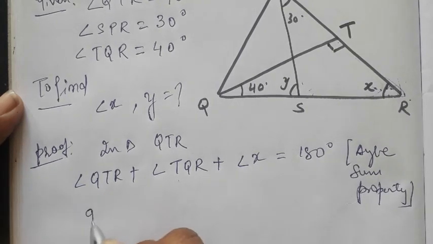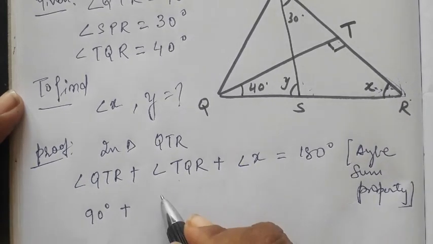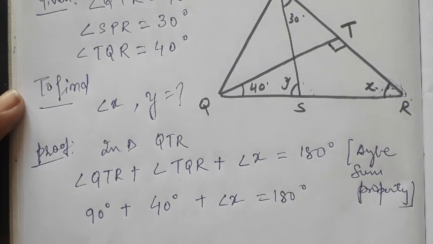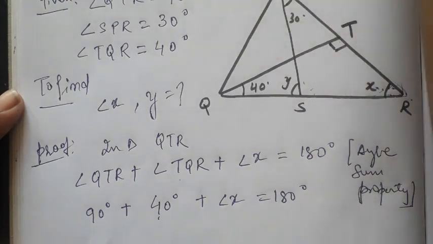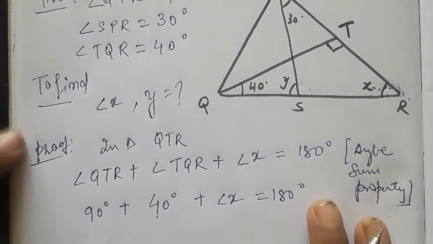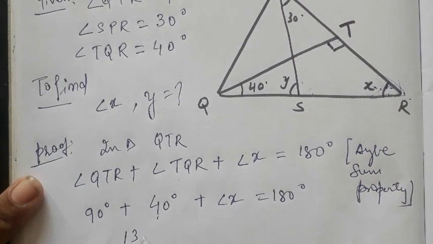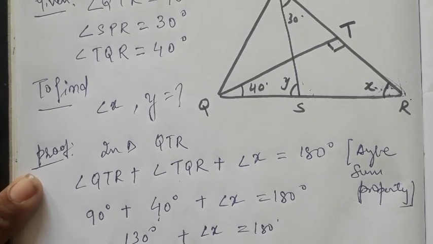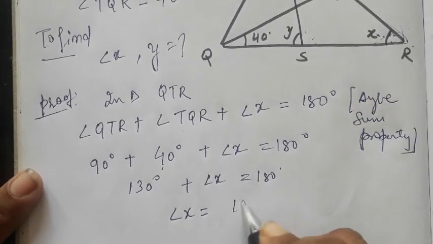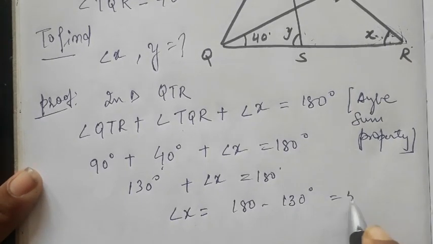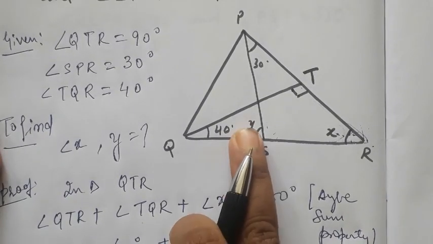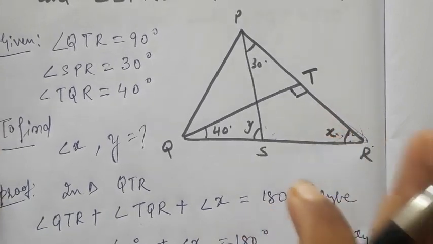QTR is 90 degrees, TQR is 40 degrees, so 90 plus 40 is 130 degrees. From here we get the value of x, that is 180 degrees minus 130, which equals 50. So x I was able to get.